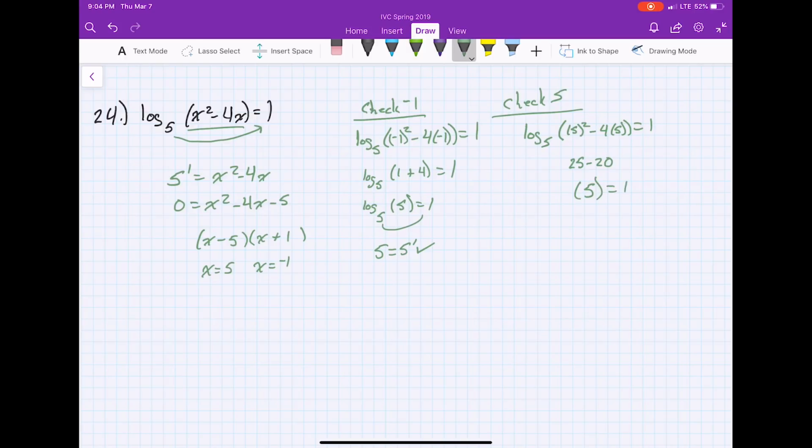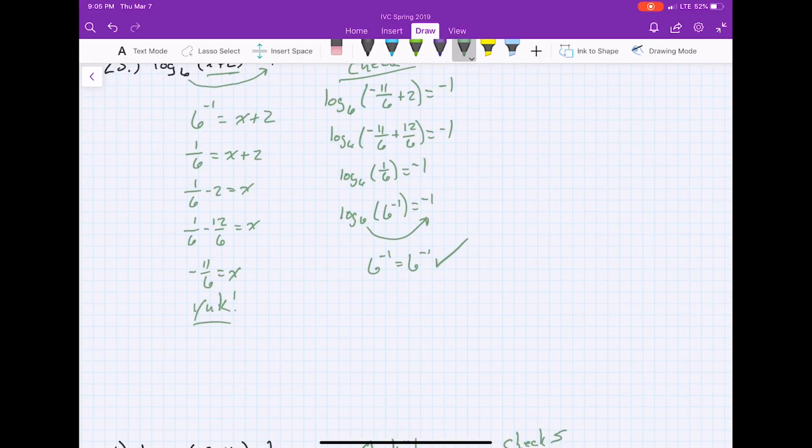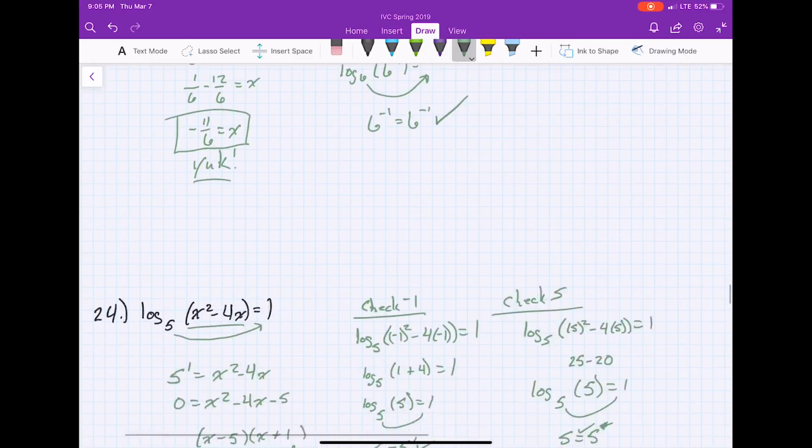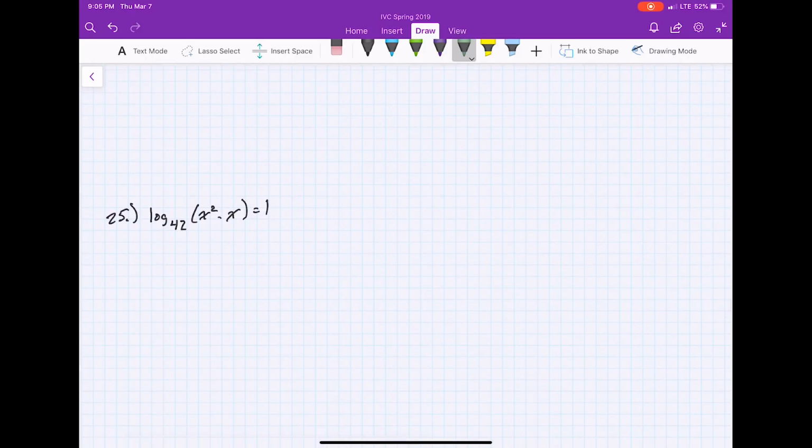And we're kind of right back in the same boat we were at on the check for -1, but just walk us right through this again. 5 is equal to 5. This one checks out. So both values ended up checking out. So our answers to this are x equals 5 and x equals -1, just like we had before. Let me square this one as well. Forgot to put my box.